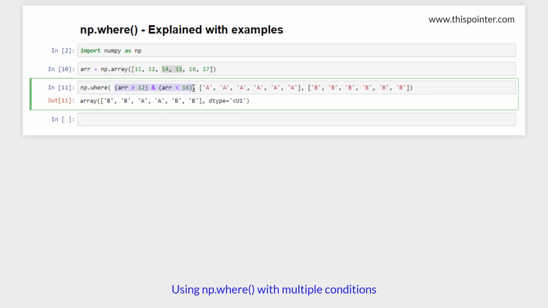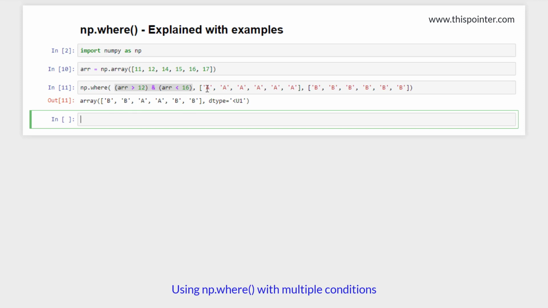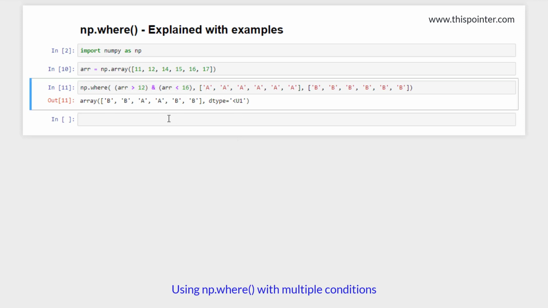So this condition evaluated to a Boolean array which will contain true for these two values only, because these two values are greater than 12 and less than 16. So the where function will use that Boolean array to pick values from list 1 and list 2. So this is how we can use NumPy where with multiple conditions.